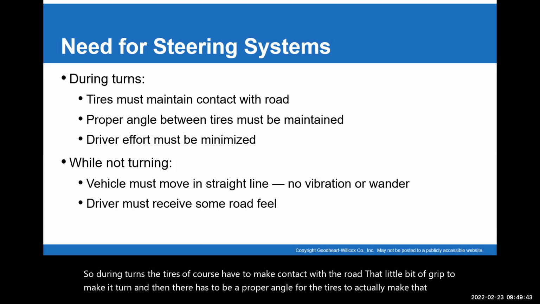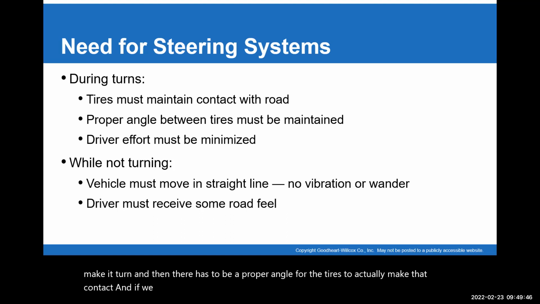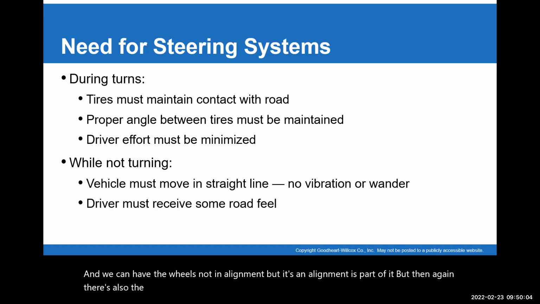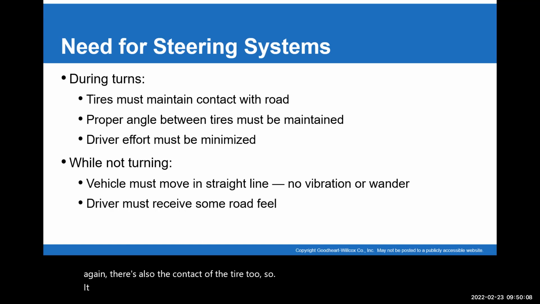And if we have a suspension system problem, whether it be a defective part or an accident has happened, we can actually have the wheels not in alignment, but alignment's part of it, but then again, there's also the contact of the tire too.